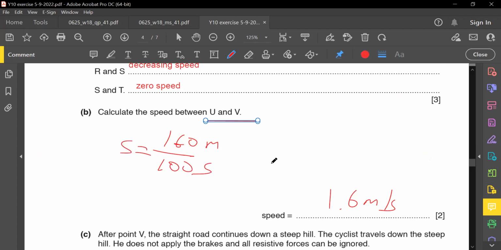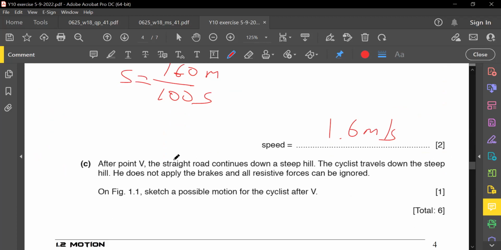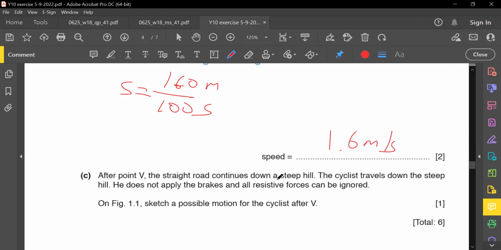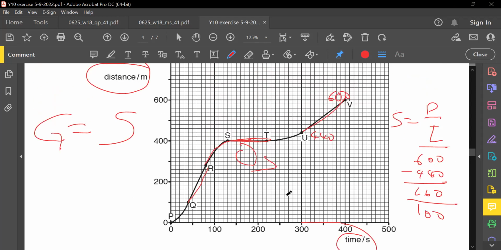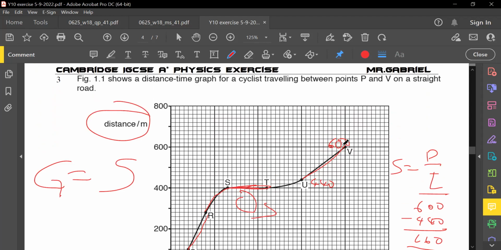Speed equals that. And finally, the last part here: after point B, the straight road continues down a steep hill. The cyclist travels down the steep hill. He does not apply the brakes and all resistive forces can be ignored. Sketch the possible motion of V. If there are no resistive forces and it's a steep slope, the speed is going to increase, so we're going to draw a curved line like this here.